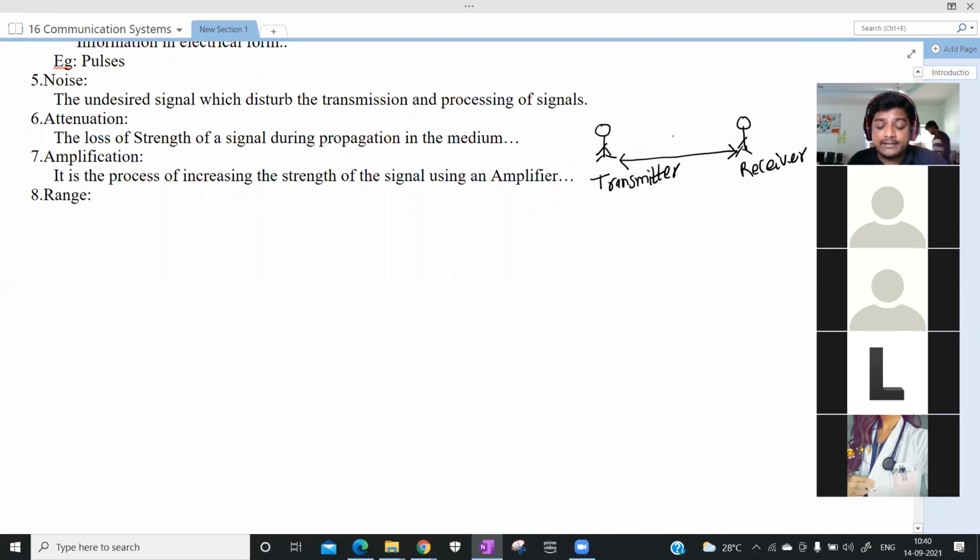Now the transmitter is always called the source, and the receiver is called the destination. So the largest distance between the source and the destination is called the range.